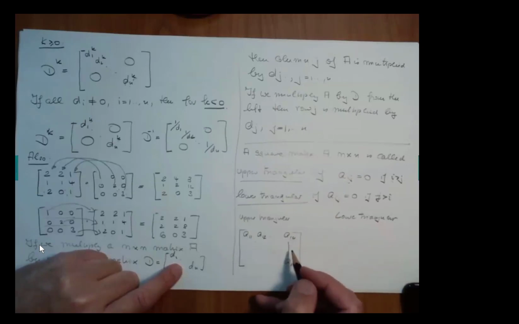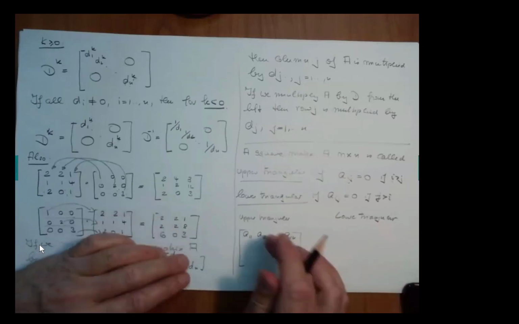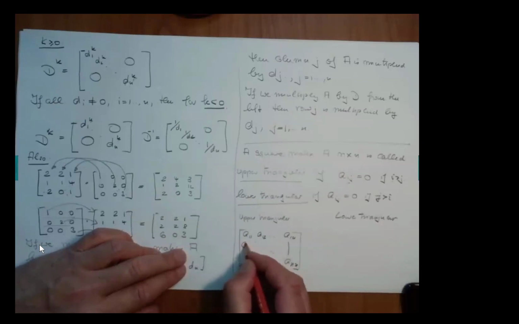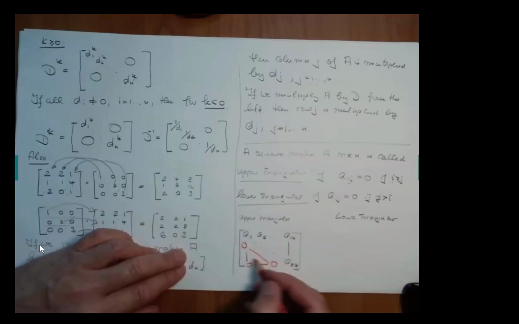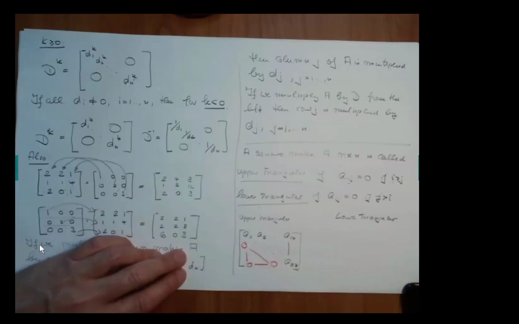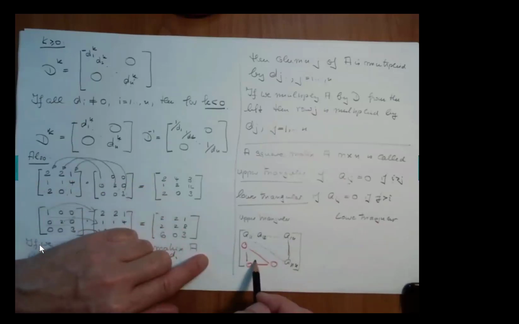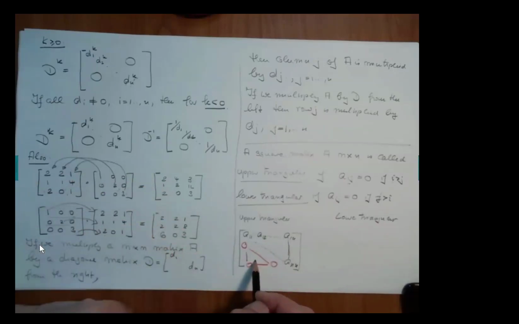They can be zeros. There's no condition on these. But the important part is, upper triangular means everything below the diagonal is 0. So this is your triangle where you can have arbitrary numbers, but below the diagonal has to be 0.